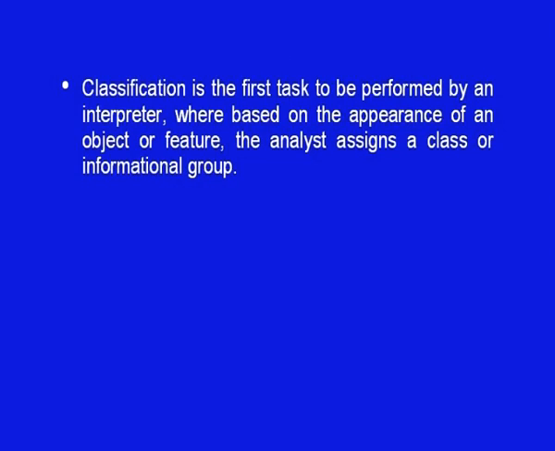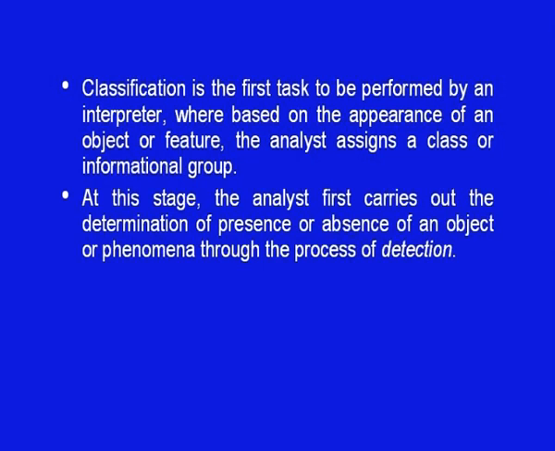Classification is the first task to be performed by an interpreter, where based on the appearance of an object or feature, the analyst assigns a class or informational group. At this stage, the analyst first determines the presence or absence of an object or phenomena through the process of detection.